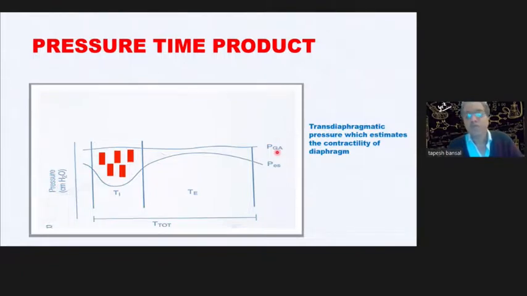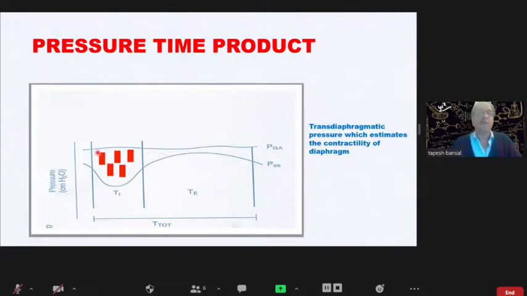Okay, you put in two catheters and measure the gastric pressure, and this is the esophageal pressure, which reflects the pleural pressure. And here, this is inspiration and this is expiration. So the patient starts taking a deep breath, negative breath, and you get a negative pressure. At the same time, the diaphragm goes down. So your gastric pressure rises.